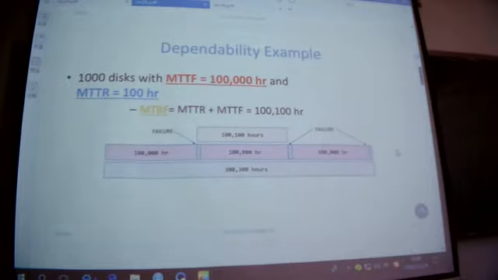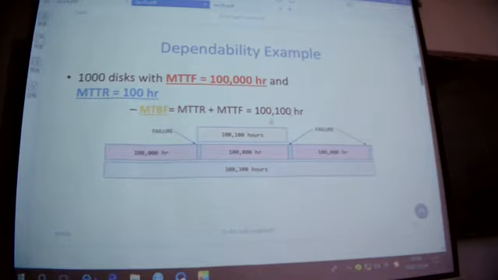Dependability example: we can see 1,000 disks with MTTF and MTTR. MTTF is more than MTTR. For example, 100,000 hours is MTTF and 100 hours is MTTR.